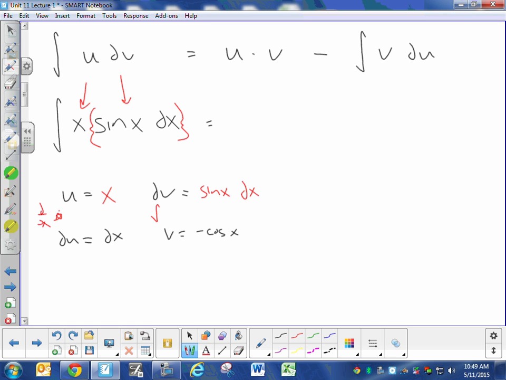Well, now that I have this, I can rewrite this antiderivative that I didn't know how to do as this. So it's uv, so u times v, minus the antiderivative of v du. Well, here's v, here's du.